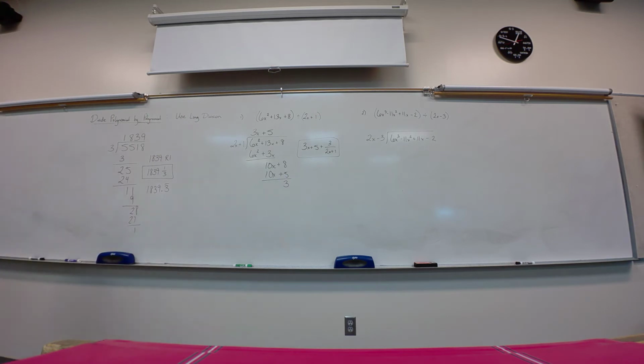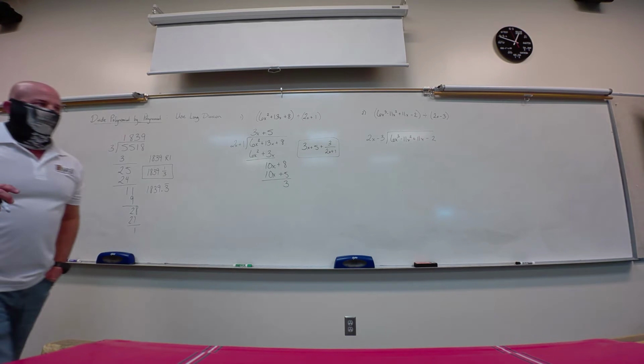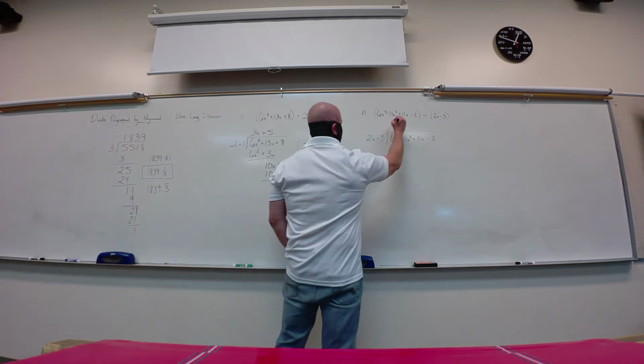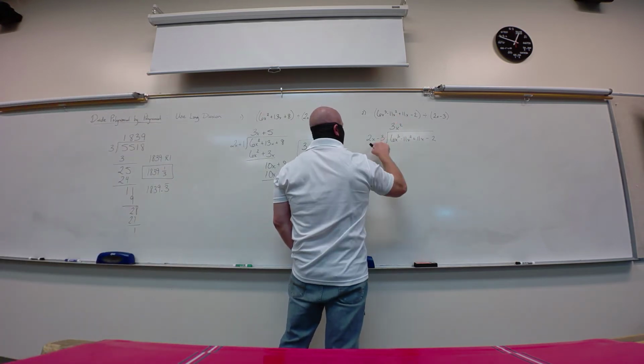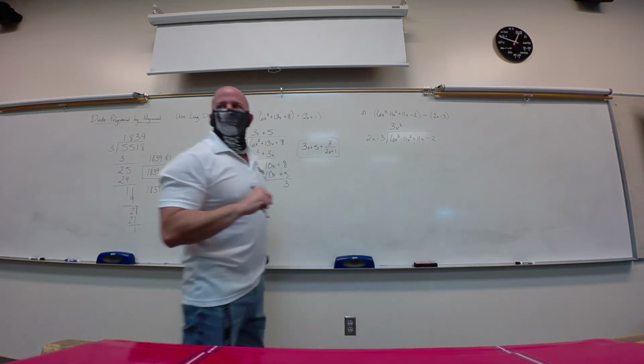So I've got it all set up. My focus is that 2x and that first value, which is 6x cubed. So I'm thinking in my mind, all right, what do I multiply 2x by to get 6x cubed? And that would be 3, because 2 times 3 is 6, and x squared, because x times x squared is x cubed.